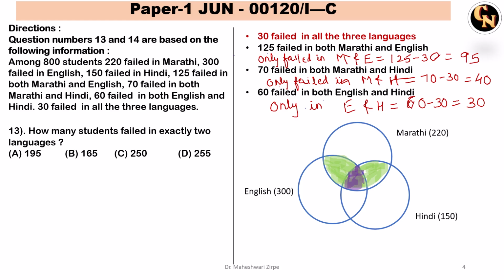This part is common, and that indicates failed in all three subjects, that is your 30 students. So the purple color indicates the students who failed in all three subjects. Let me highlight with orange.